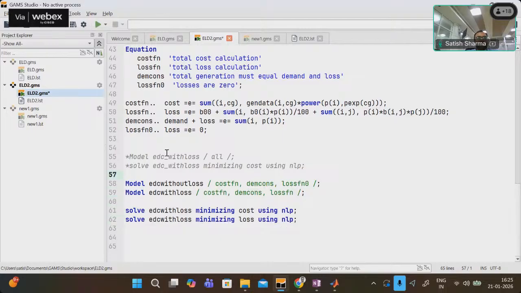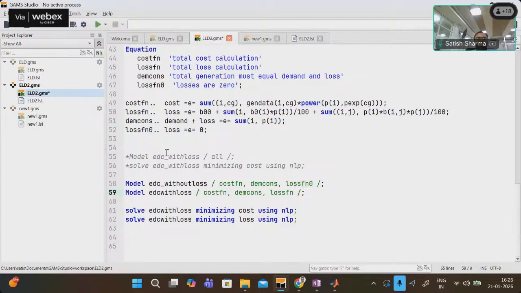If you see, I am modeling an EDC without losses, first of all. At line number 58, I am modeling without losses. If it is without losses, then the loss part will be 0. So what I can do is use the cost function equation at 49, then the demand constraint at 51, and then the constraint at 52, because losses are 0.